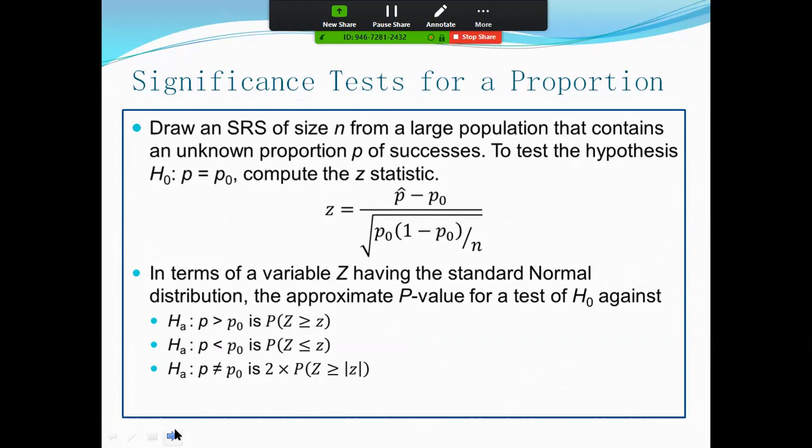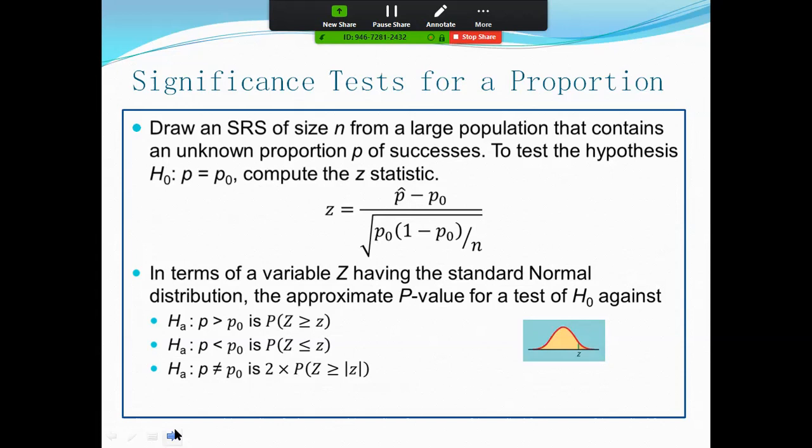To test the hypothesis that p equals p naught, compute the z statistic. z equals p hat minus p naught divided by the standard error for p naught, which is the square root of p naught times 1 minus p naught divided by n.